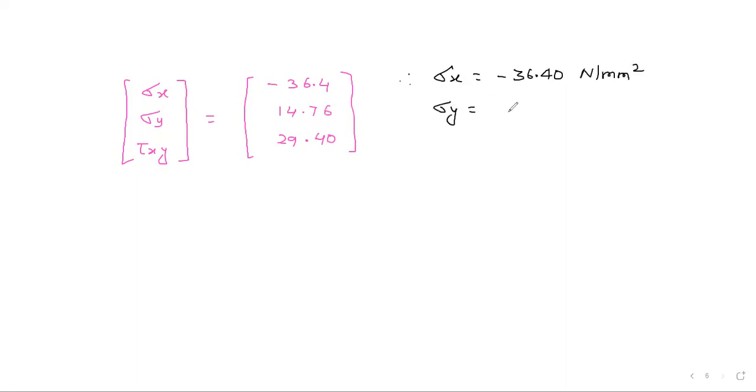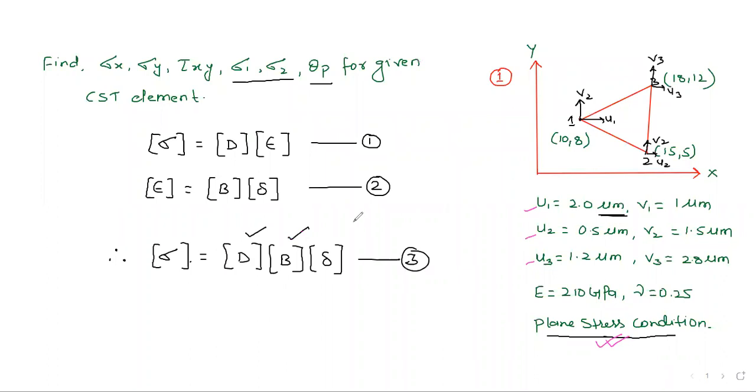Similarly, sigma y value from here we will get 14.76 Newton per mm square, and tau xy value we will get from here, 29.40 Newton per mm square. So we have sigma x, sigma y and tau xy. So the first three things we have calculated in this problem. Sigma x calculated, sigma y calculated, tau xy calculated.